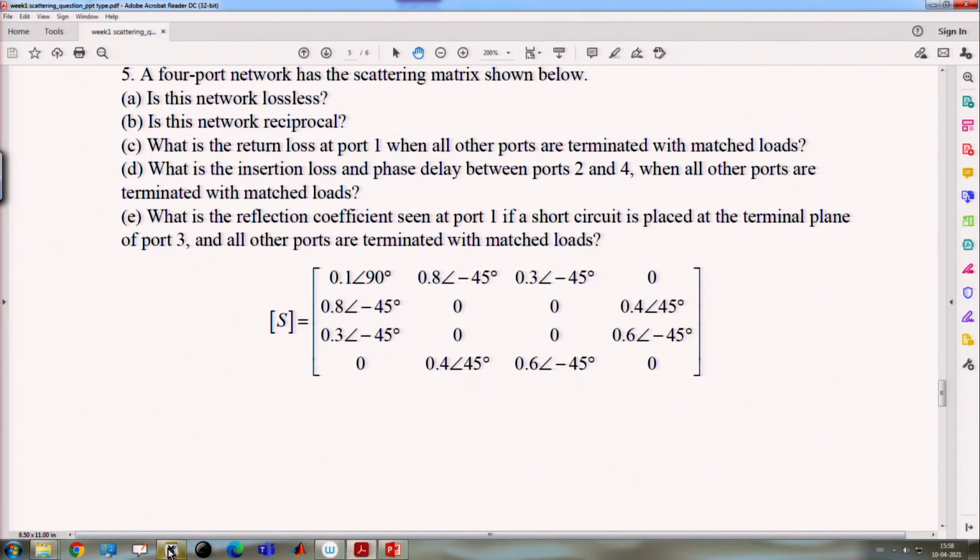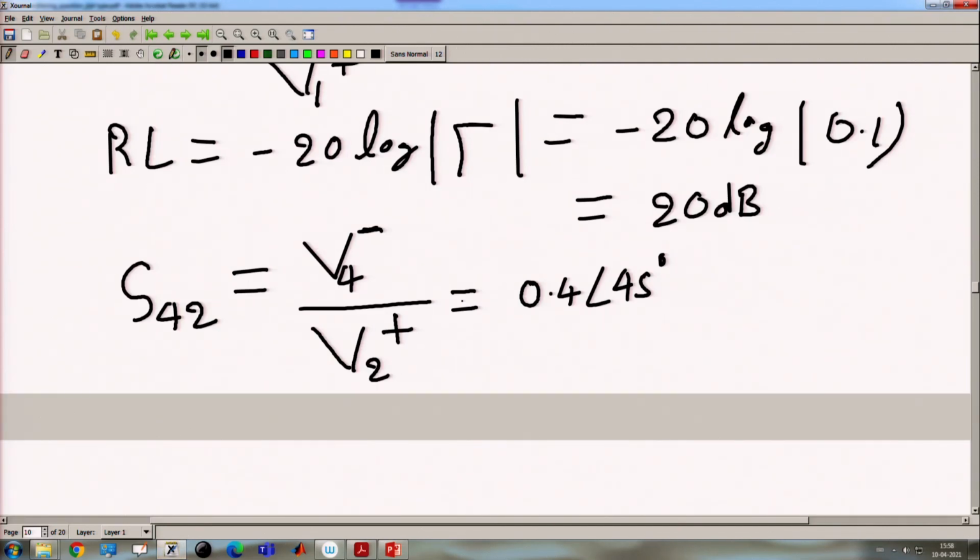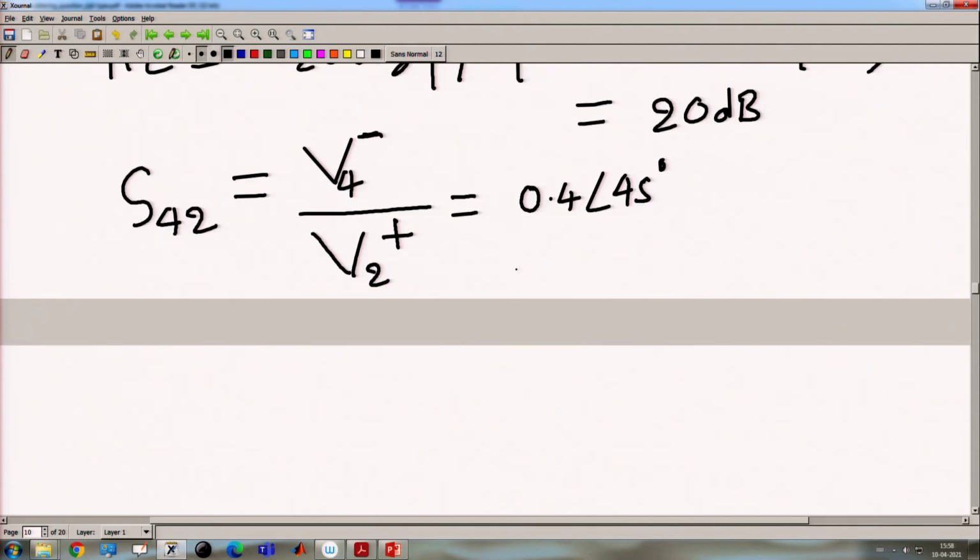From this we will get phase delay 45 degrees and insertion loss. Return loss is from the same port, but insertion loss is when the wave comes in from one port and goes out from another.